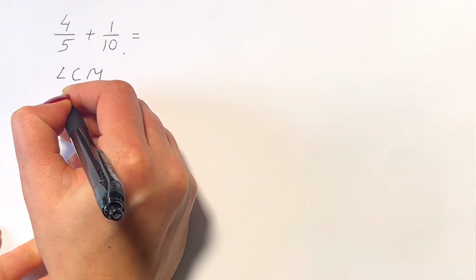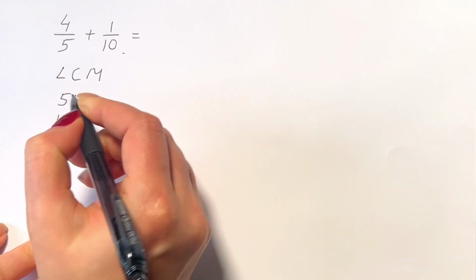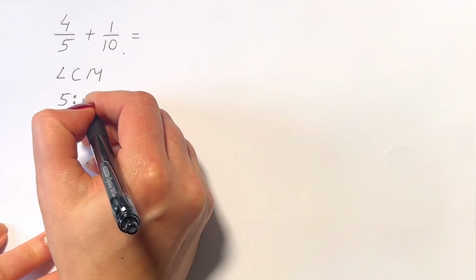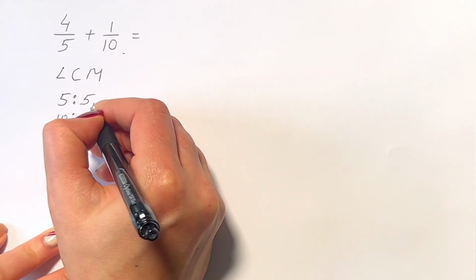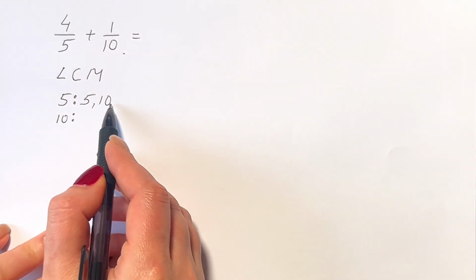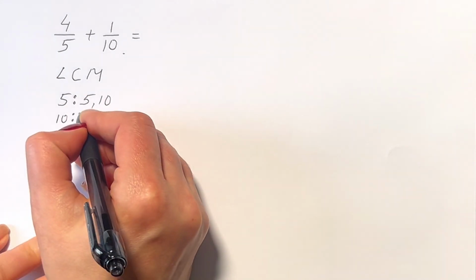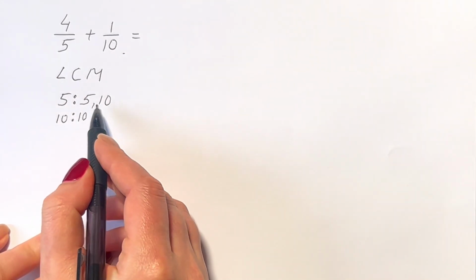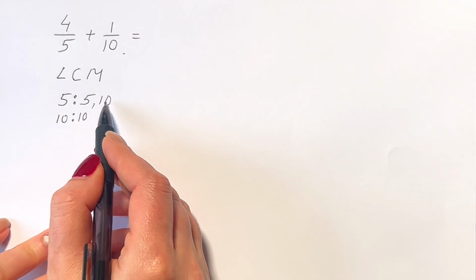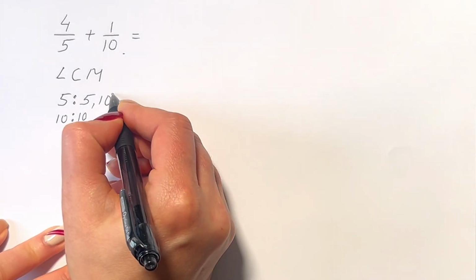First one is 5, second one is 10. 5 times 1 is 5, 5 times 2 is 10. Did you see? I'm not going to continue because I already see the 10, and 10 times 1 is 10. So I already have the least common multiple, which is 10.